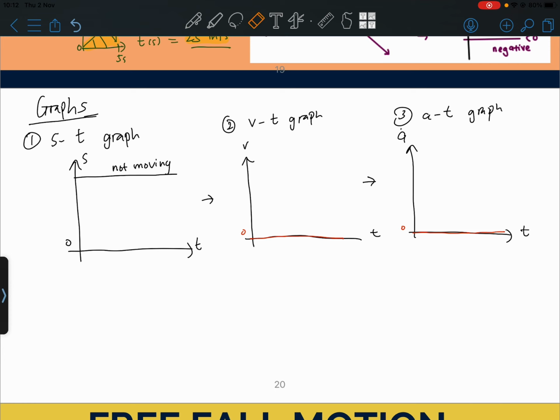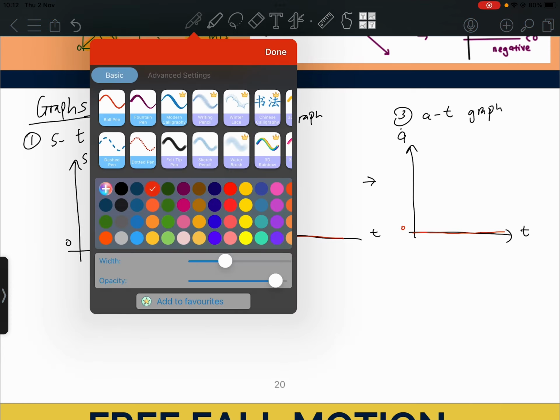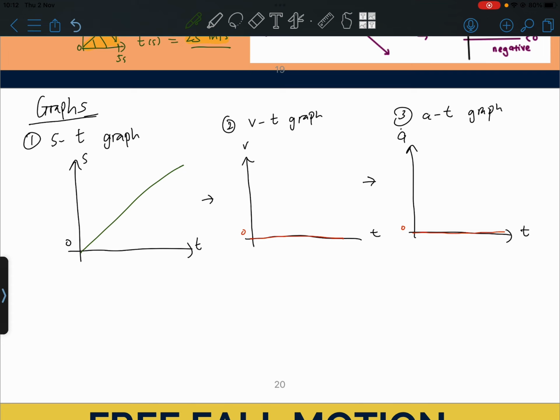What if I change it to a straight line? It's like this. If you want to transform into the VT graph, it's not like that anymore, because this ST graph has a gradient m everywhere.